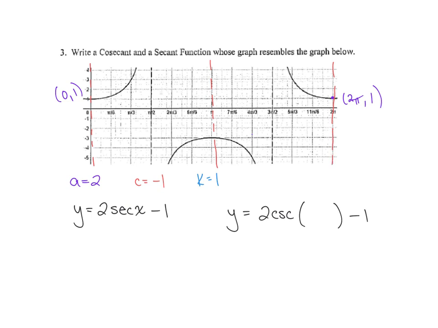Which we notice is not the case here. So what that means is we have shifted our graph. We need to shift those asymptotes of our base sine curve to the right pi by 2.